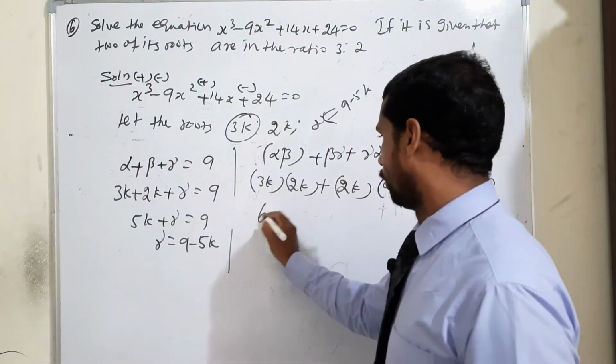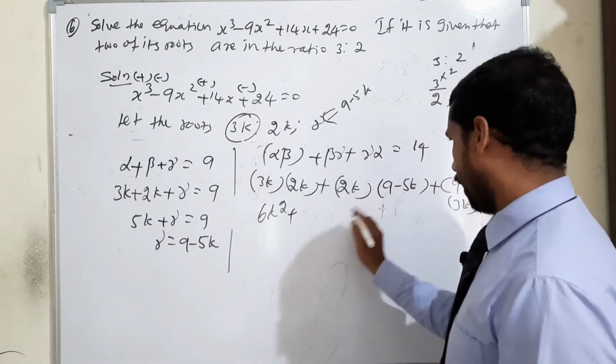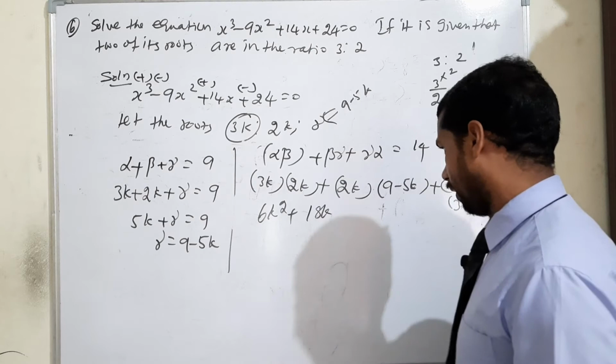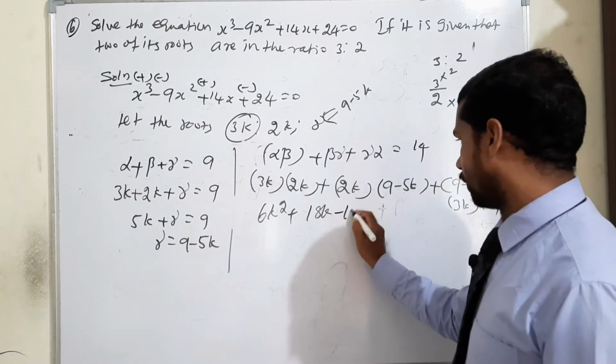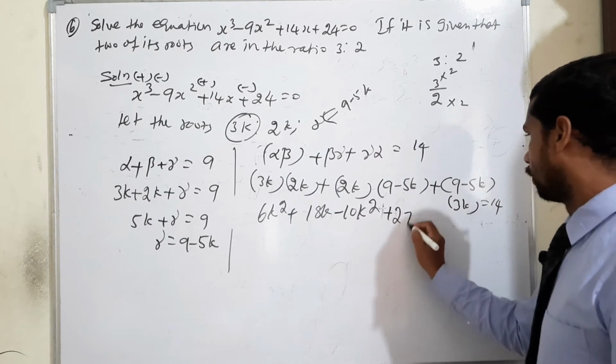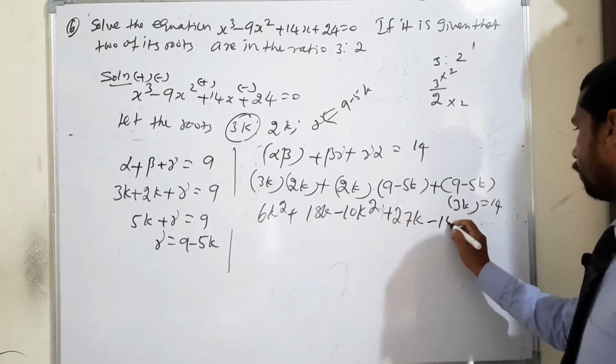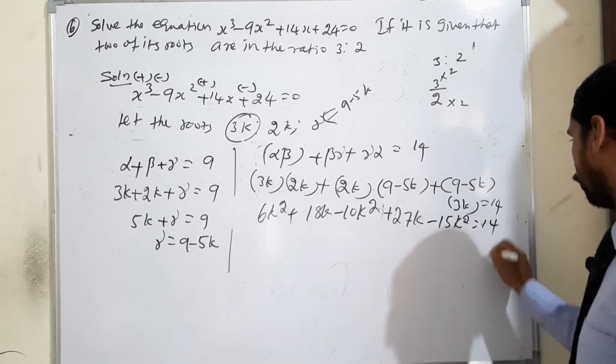3 into 2, 6k square, plus 2 into 9 means 18k. Then minus 5 into 2 means minus 10k square. Next condition, 9 into 3 means 27k. So plus into minus, minus 3 5s are 15k square is equal to 14.